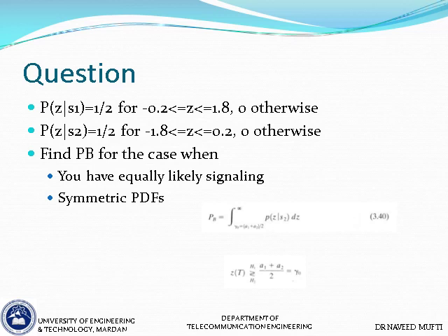I'll do a very rough plot of the likelihood functions. So if this is z, plotting the likelihood of S1, if this is minus 0.2 and somewhere here is 1.8.